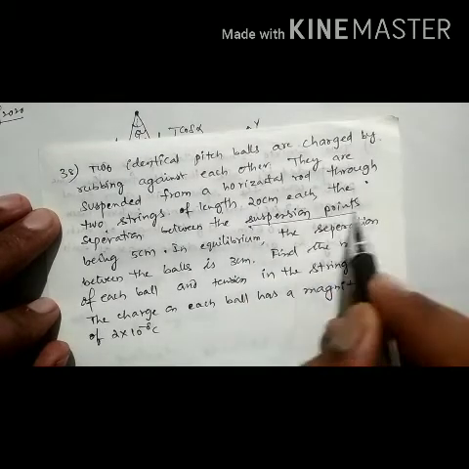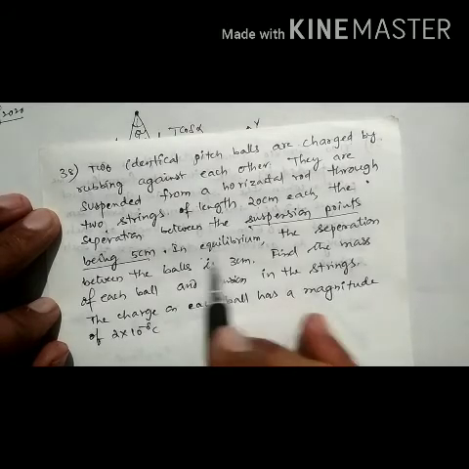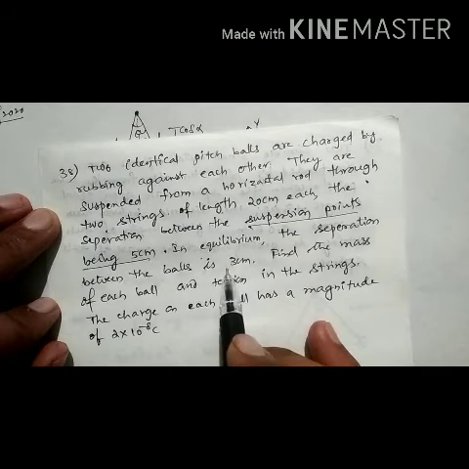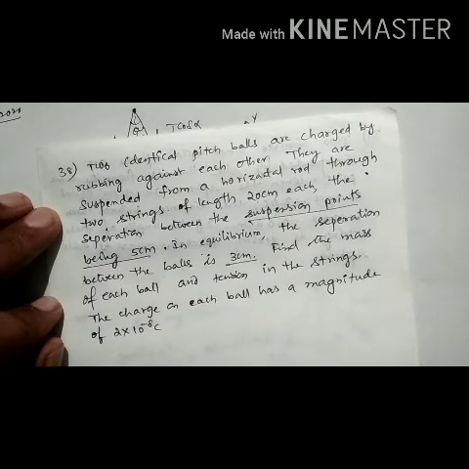Here you have to consider the suspension points are not common. They are separated by a distance of 5 centimeters. In equilibrium, the separation between the balls is 3 centimeters. Find the mass of each ball and tension in the strings. The charge on each ball has a magnitude of 2 into 10 to the power of minus 8 coulombs.